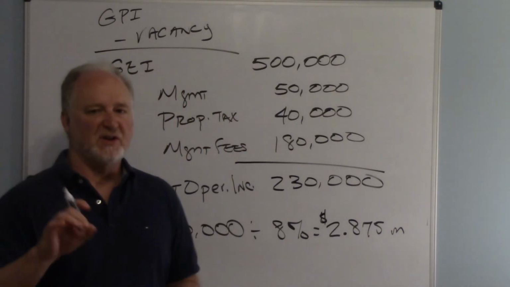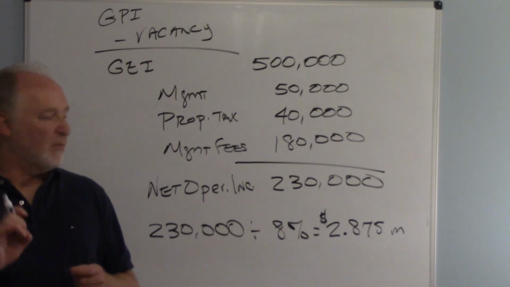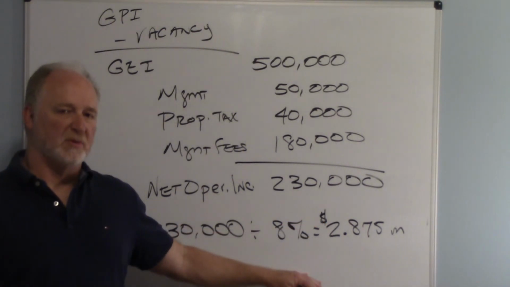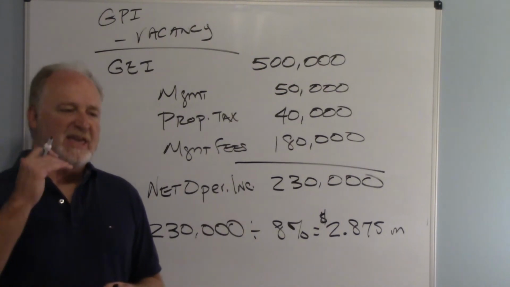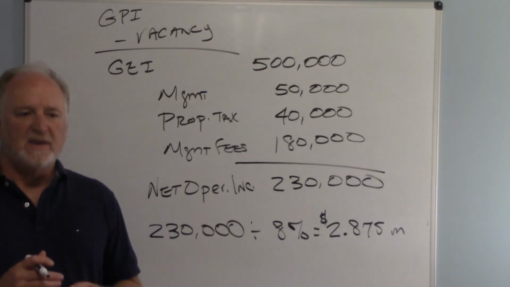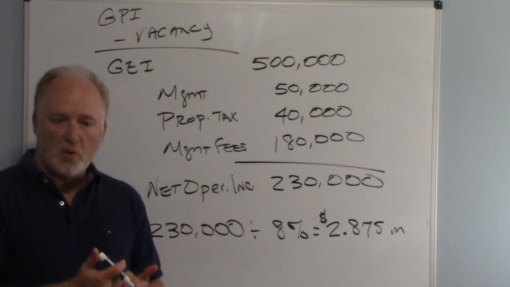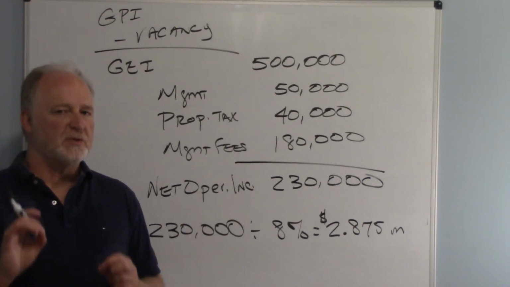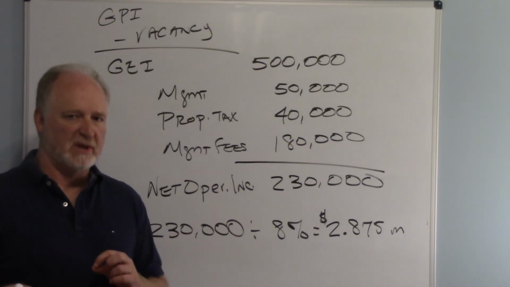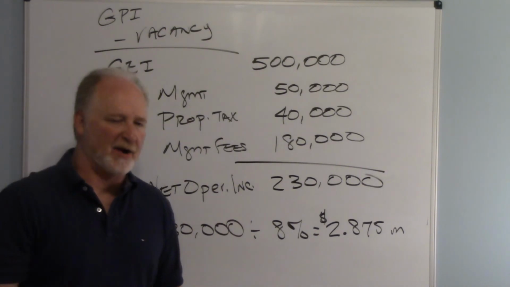Now, before I finish off this particular problem, I want you to play a game with numbers on this. You could possibly get a question on the exam that says, if the cap rate is lower, how will that affect the price? Or if the cap rate is higher? I want you to understand the inverse relationship between the cap rate and value.